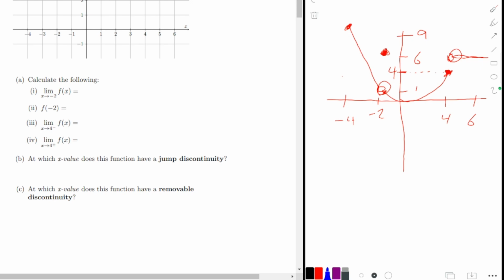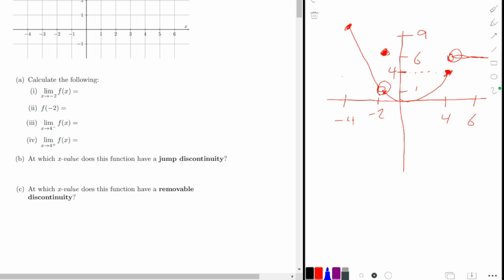A jump discontinuity means there's a literal vertical jump in the height of the graph, whereas a removable discontinuity is one where, if you just fill in the hole, the graph becomes continuous. If we filled in that hole, it would stop being a function because it would fail the vertical line test.